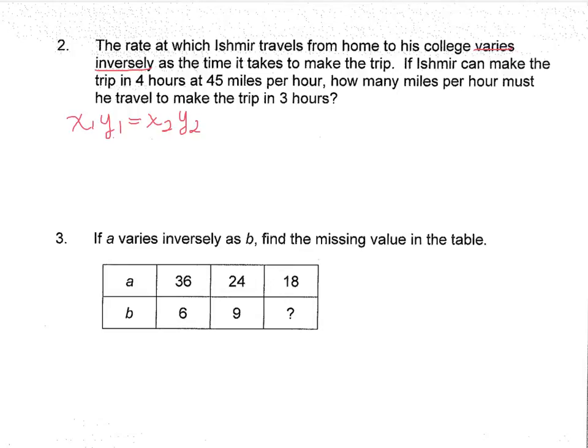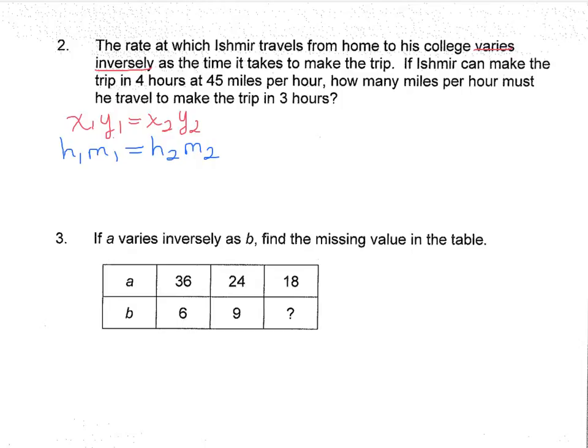Well, this time they didn't give us any x's and y's. This time they're talking about hours and miles. So we're going to rewrite our formula to fit our problem. Instead of x1, y1, x2, y2, let's use h for hours and m for miles. So we're going to go h1 is to m1 as h2 is to m2.